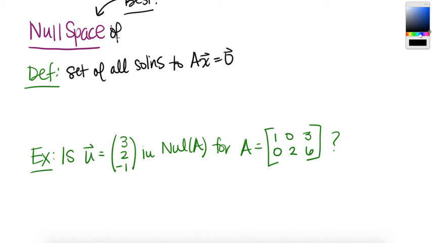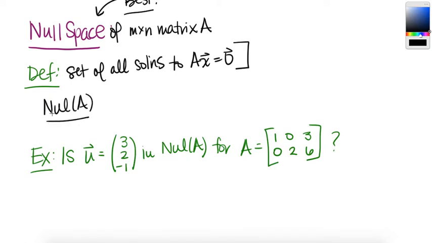So here we're talking about the null space of an m by n matrix A. So this is one way to state this definition. Another way, so here's the notation that we use, null A. It is equal to all of the vectors x such that when you multiply them by A, you get the 0 vector. All right, easy peasy. Solutions to the homogeneous equation.